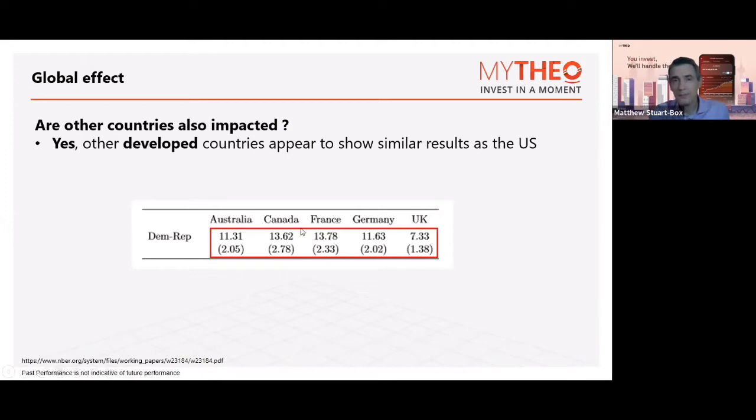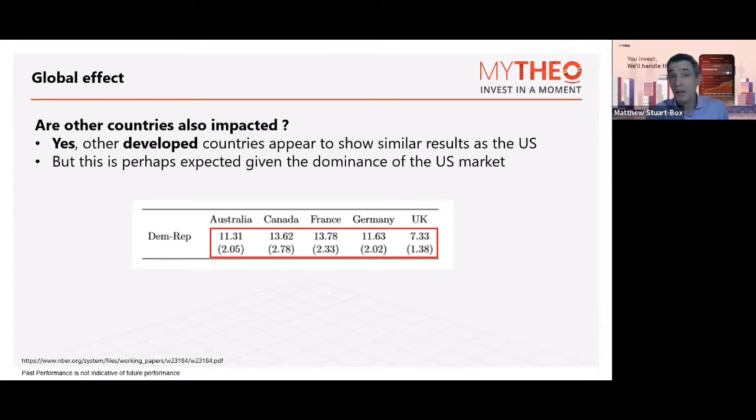And so, as you said, the US economy is so large, and certainly the US stock market is so dominant, you might expect to see at least some similar effect in other developed countries. But I was very surprised to see that the effect is basically at least as strong as in the US. I suppose this just comes back to how dominant the US stock market has been traditionally for developed markets.